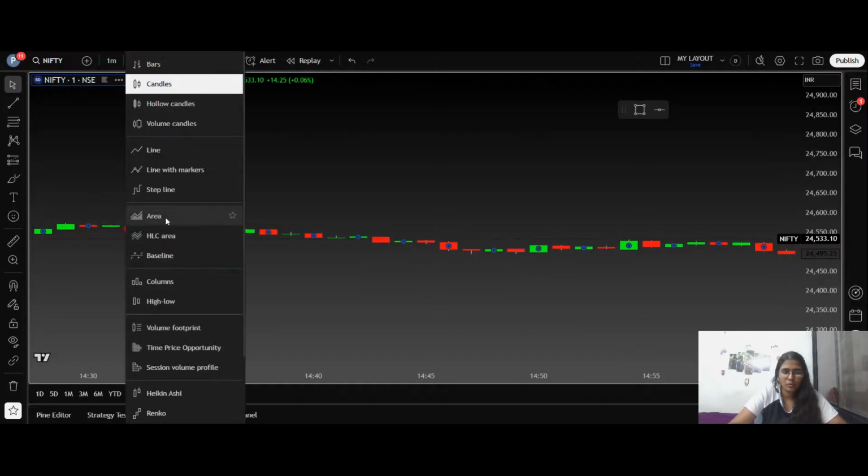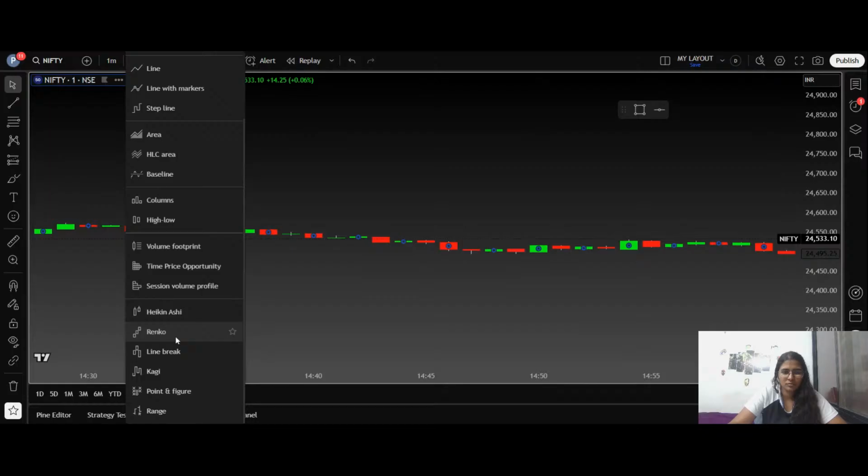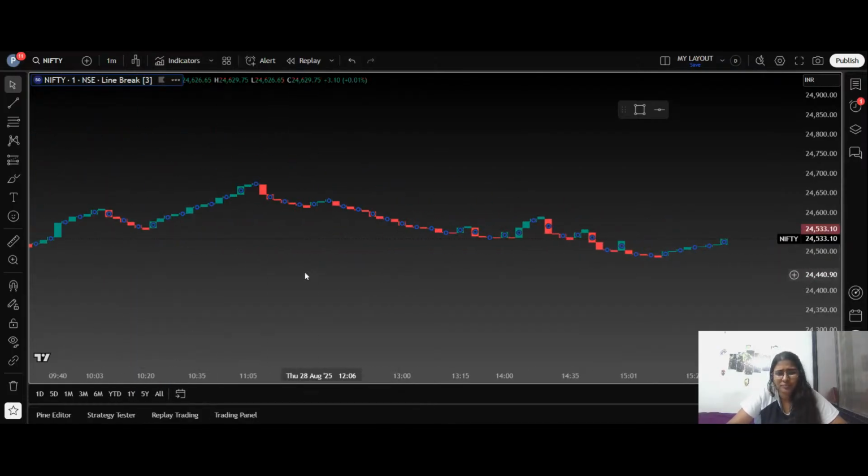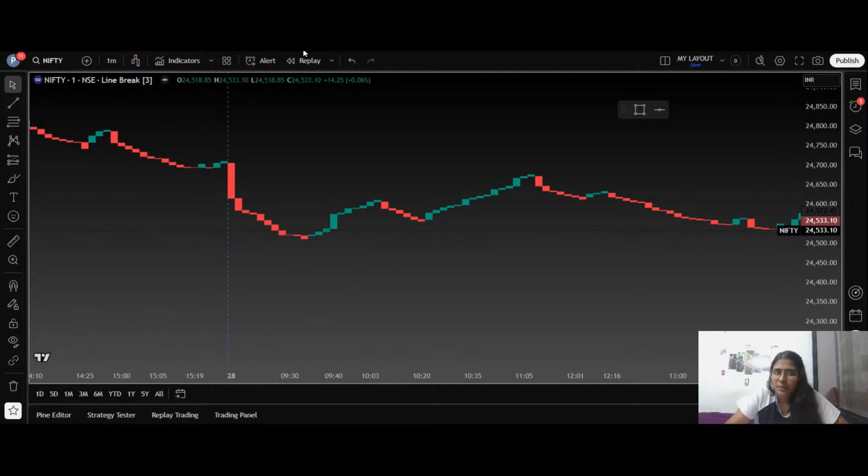So if I go to the line break candle, these are the line break candles. These are also similar to the Renko candles because they also don't focus on the time period, but instead of making bricks, they focus on the number of lines rule.